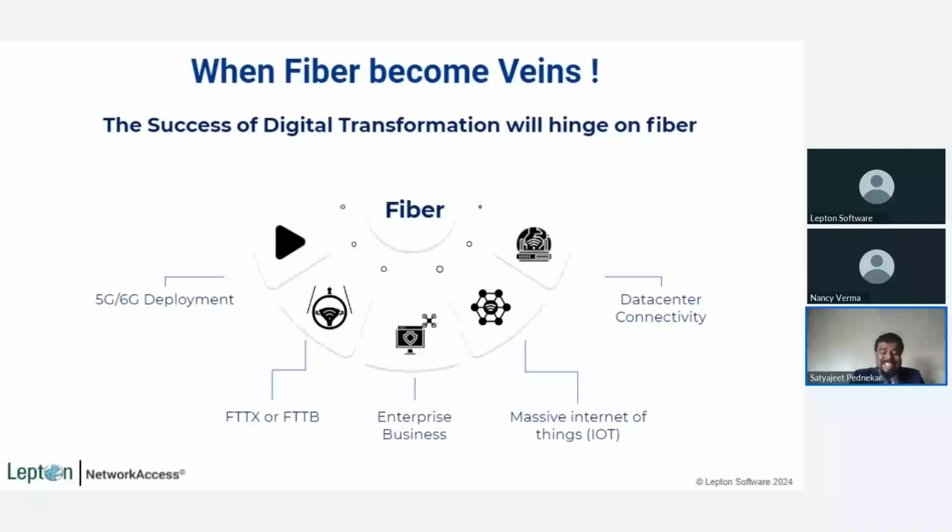The success of any digital transformation rightly hinges on the fiber network. How is fiber used? If you consider 5G and 6G deployment, where high bandwidth is required, you need fiber. If you are planning for FTTx or FTTB, obviously fiber is an integral part of it.